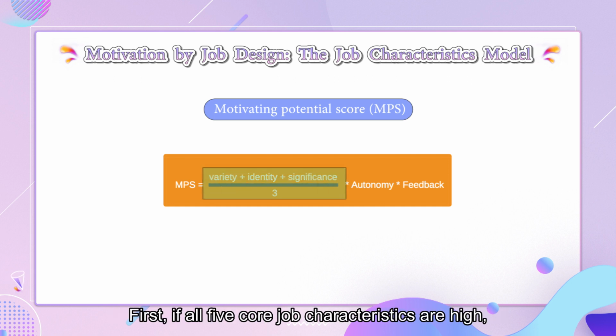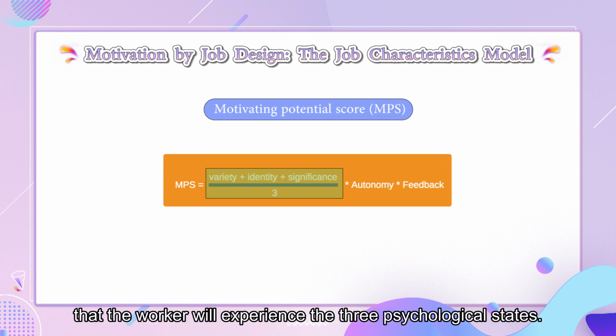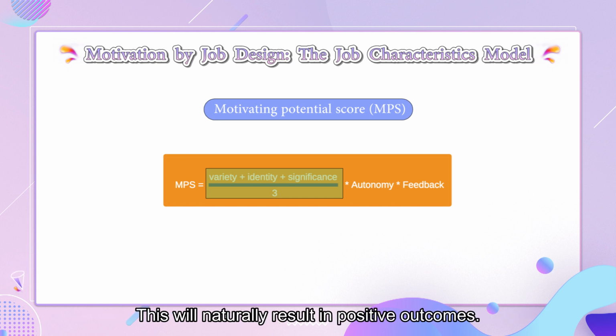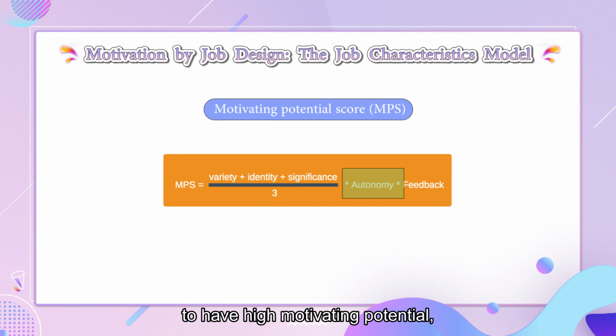First, if all 5 core job characteristics are high, there is a high probability that the worker will experience the 3 psychological states. This will naturally result in positive outcomes. Second, in order for a job to be considered to have high motivating potential, at least one among skill variety, task identity, and task significance should also be high.